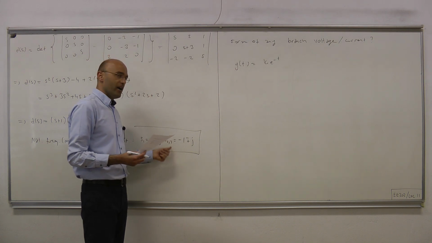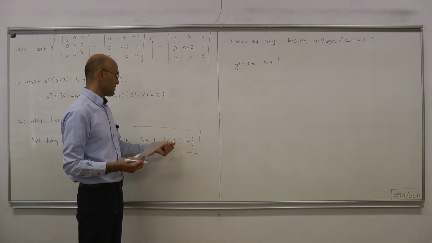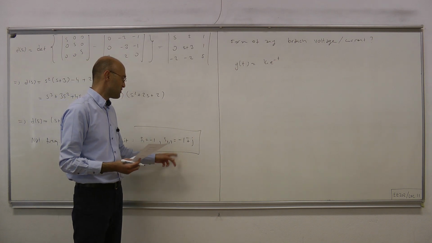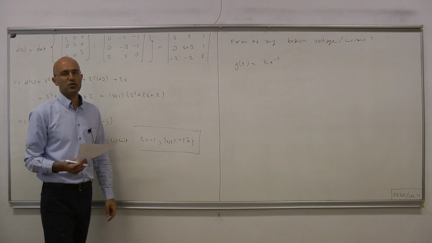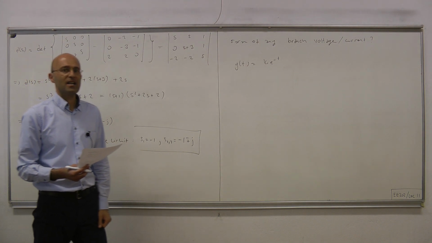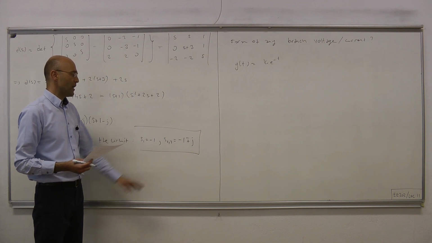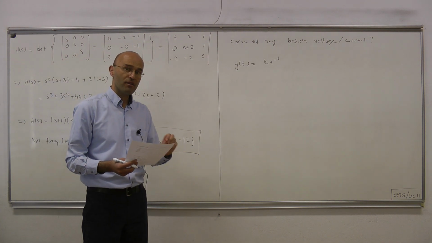So this pair will produce some constant times e to the minus t times cosine t, and some other constant times e to the minus t times sine t. But those two sinusoidal functions, cosine and sine, can be combined because they are oscillating at the same frequency, and we can write those two pieces as a single sinusoidal function with phase.